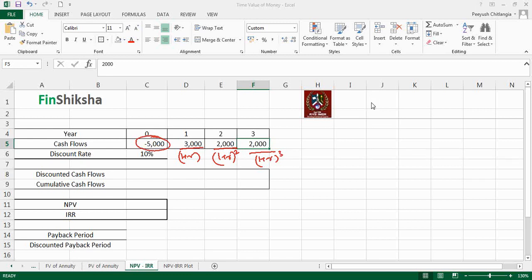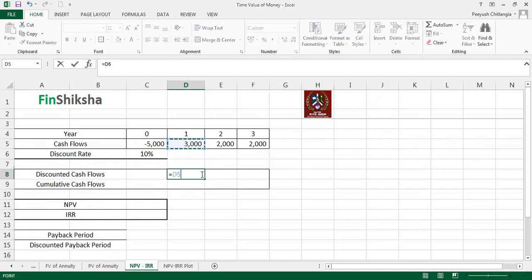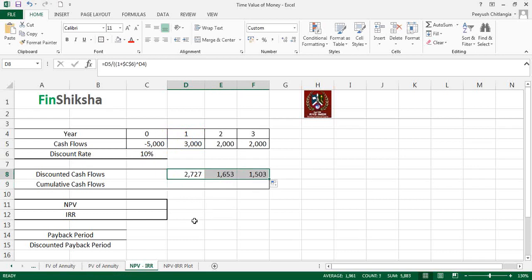So let's do this calculation. I'm going to find the present value of 3,000 divided by 1 plus 10%. I'll freeze 10% so that I can drag the formula on the right side, raised to the power 1. The first cash flow will be discounted by raising it to the power 1, the second one power 2, the third one power 3, right?